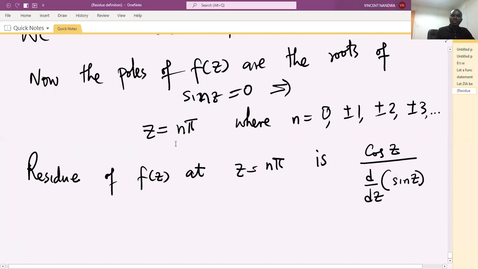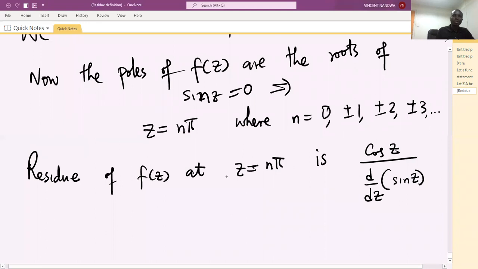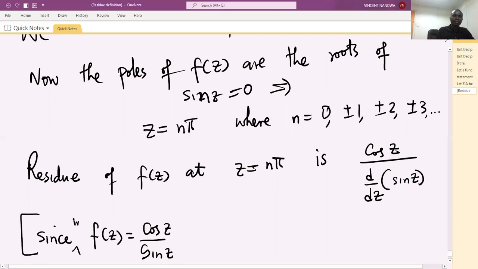Now, what is making us use this law is that in the original function, which was cos of z over sine of z, cosine of n pi is non-zero, but sine of n pi is 0.